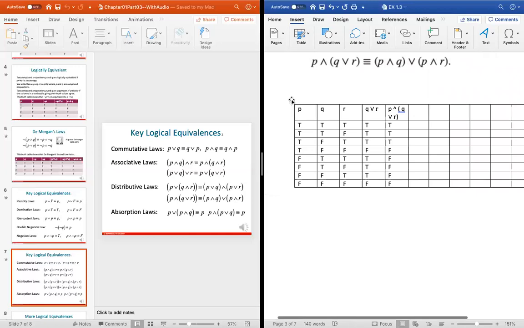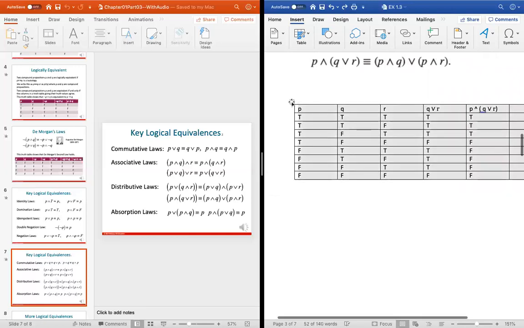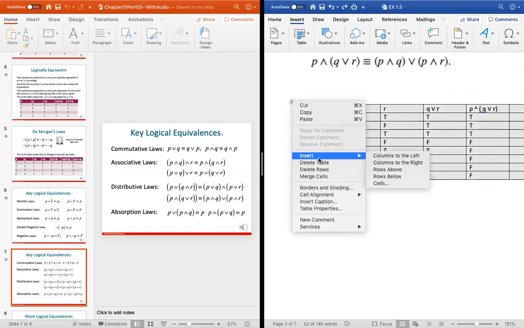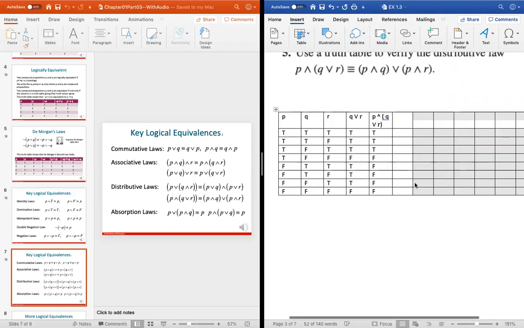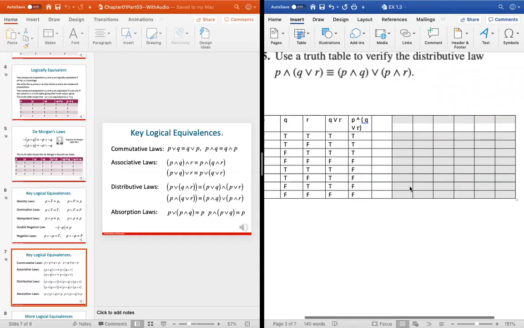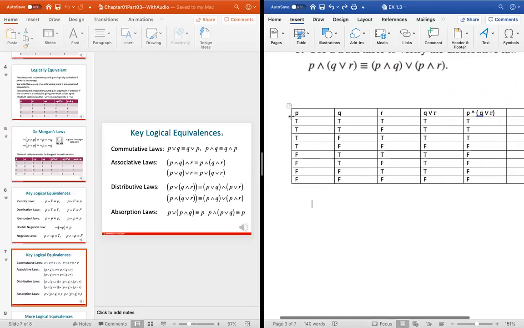So let's undo this. Insert. That's a lot more columns. You can delete the last three. Delete column.